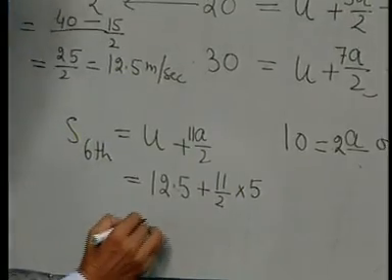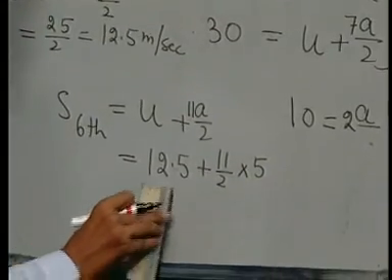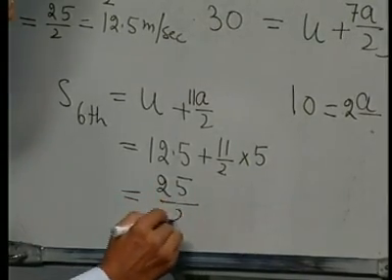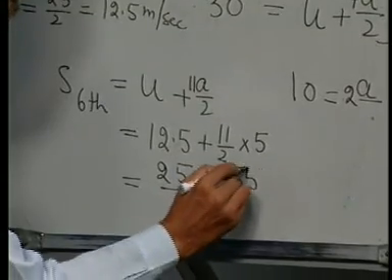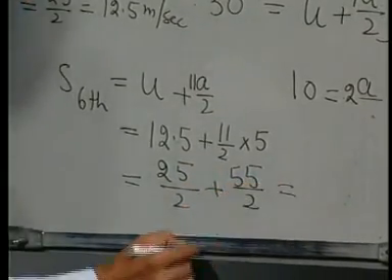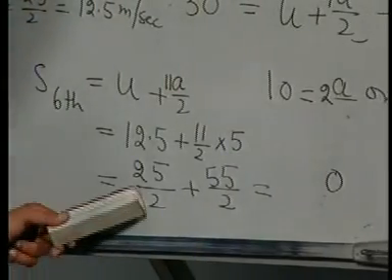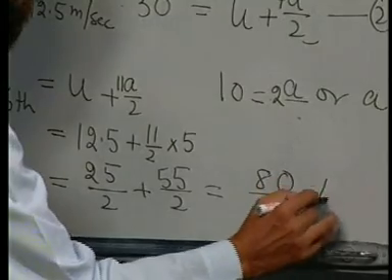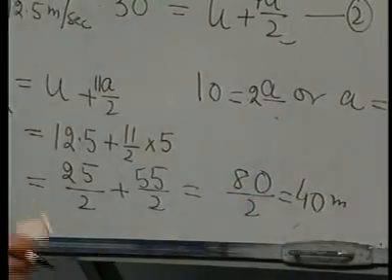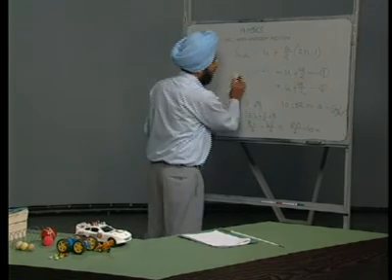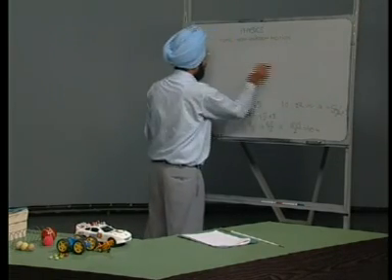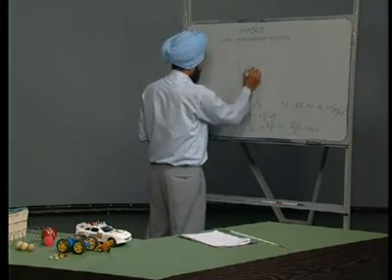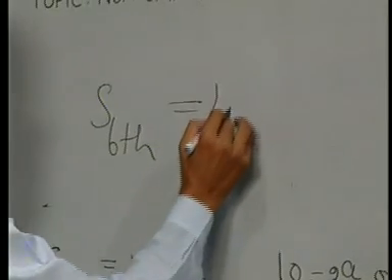So, we have 25/2 plus 55/2, that is 80/2 or 40 meter. So, S6th, the distance travelled in the 6th second, is equal to 40 meter.